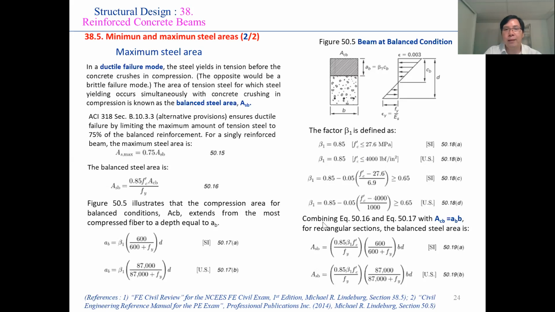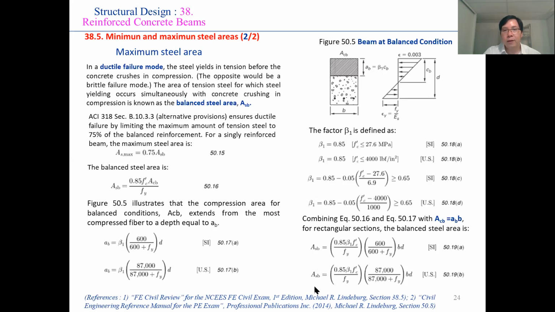And when you combine equation 15.16, this one, and equation 15.7, this one, you can calculate the balanced steel area.